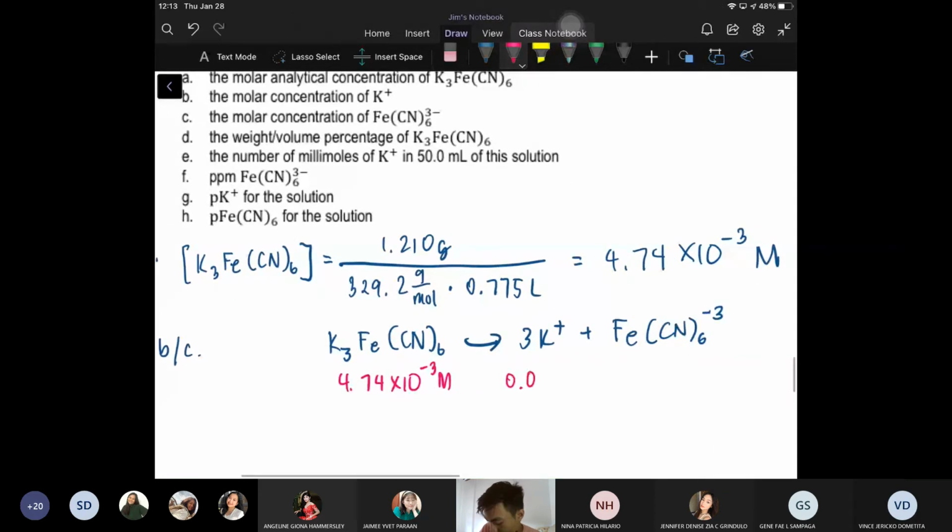So that will be 0.01422 molar. And for letter C, the concentration of Fe(CN)6 negative 3. So times 1 lang yan kasi kung ano yung coefficient neto, parehas yun doon. So that means times 1 lang ito. Okay, so yan. So ito yung sagot sa letter B. Ito yung sagot sa letter C.